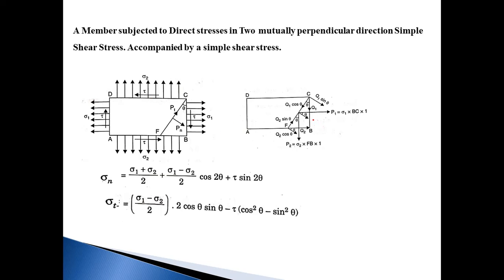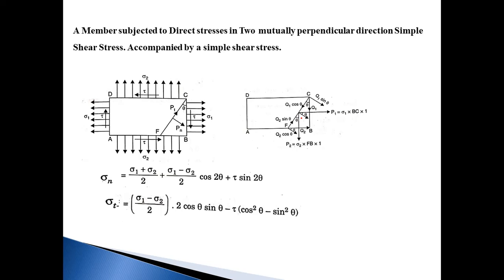First, we already know how to calculate P1 and P2. P1 becomes sigma 1 into BC into 1, and P2 becomes sigma 2 into FB into 1. Resolve these two perpendicular forces with respect to the FC line.